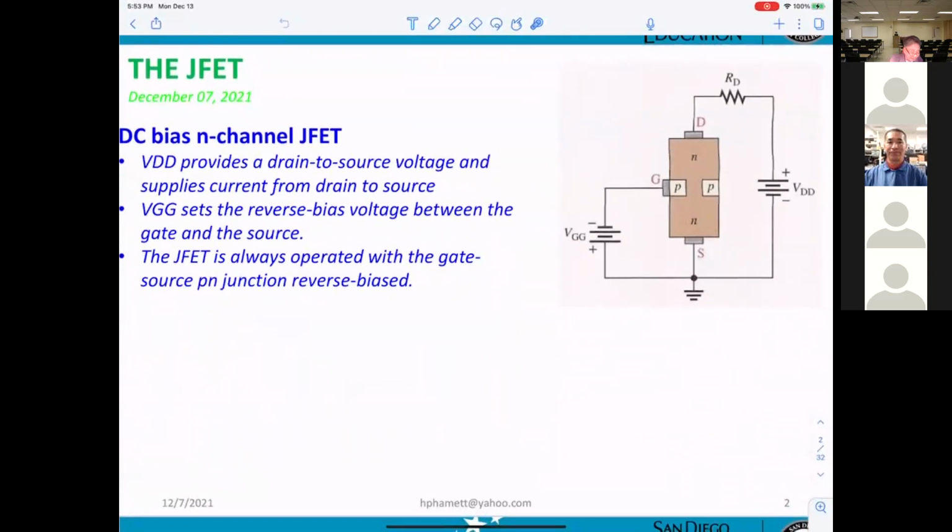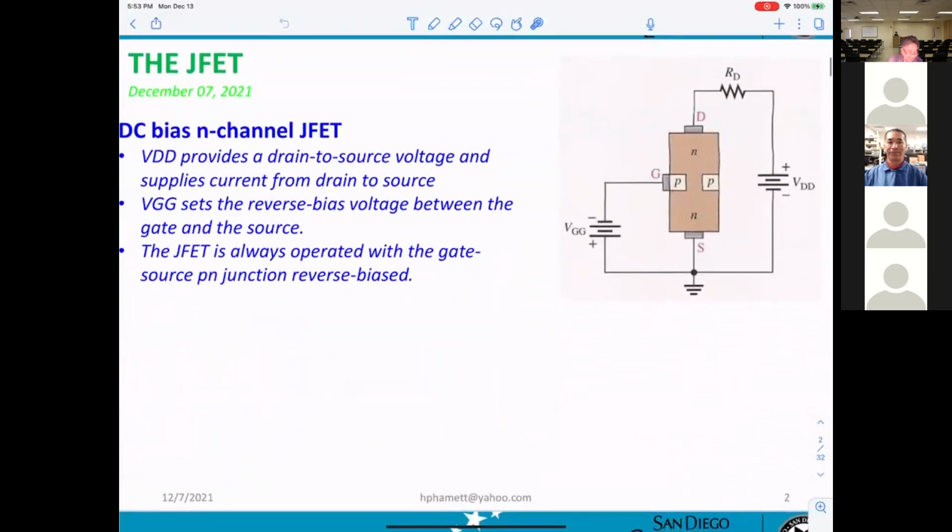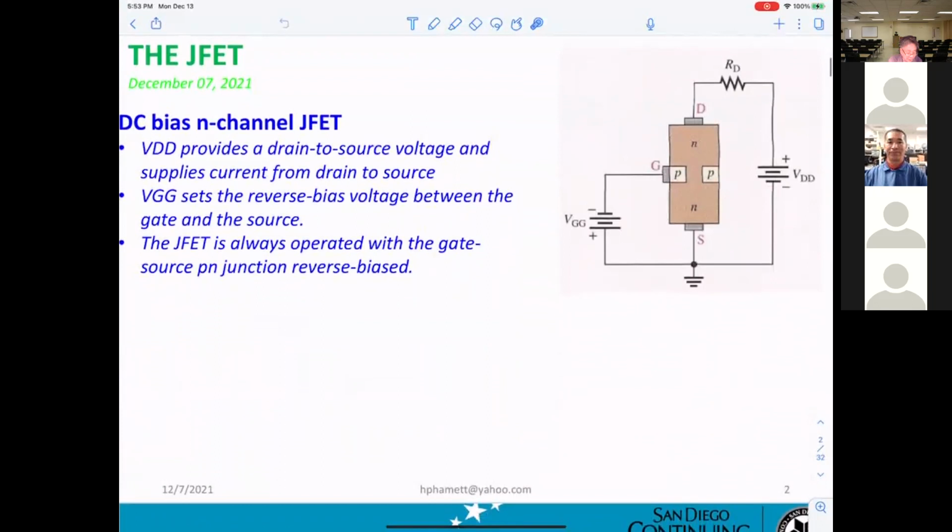Now let's see the explanation. VDD provides a drain to source voltage and supplies current from the drain to the source.